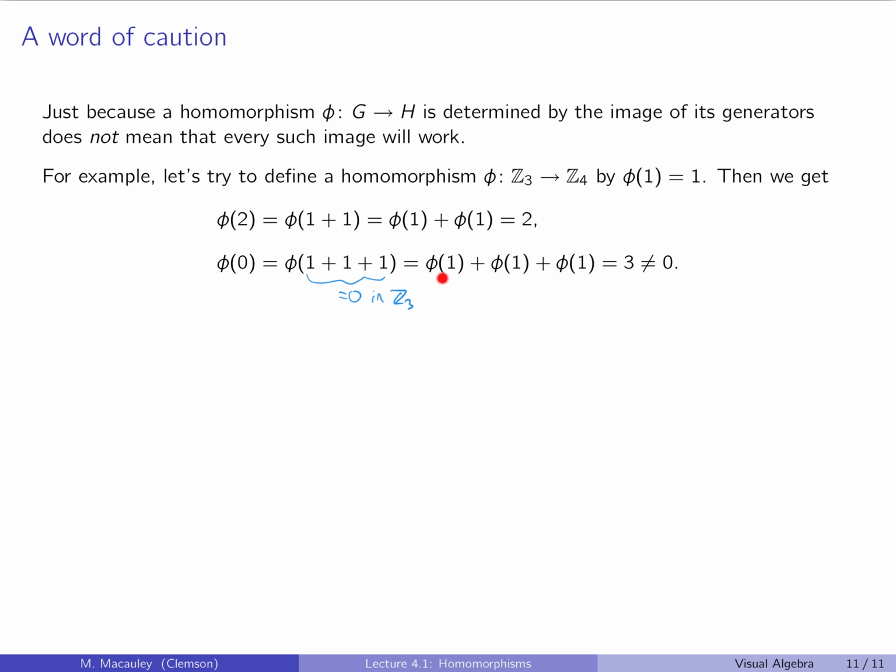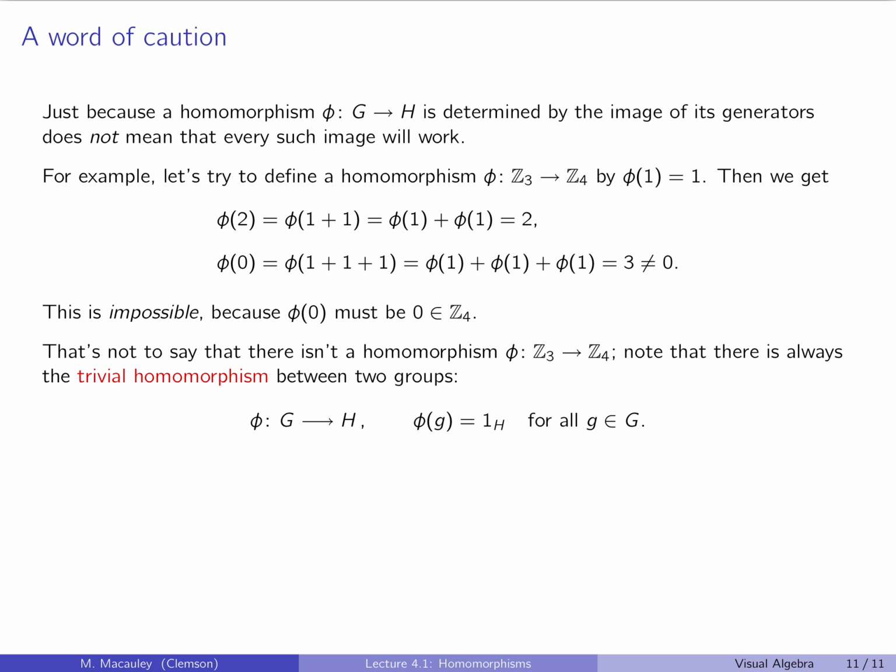And that's phi of 1 plus phi of 1 plus phi of 1, which is 1 plus 1 plus 1, which is 3. But that's not 0 in the codomain. And that's impossible because phi of 0 must be 0, because we just proved that homomorphisms send identity elements to identity elements.